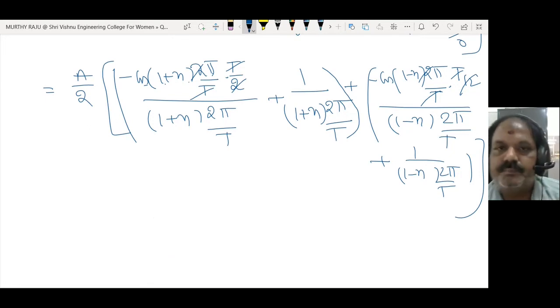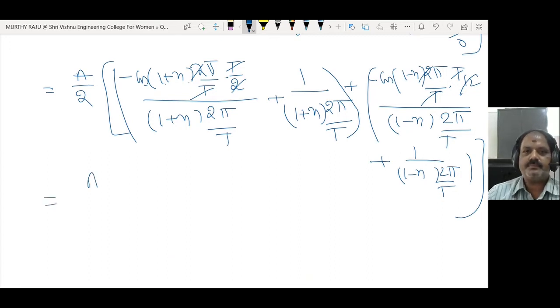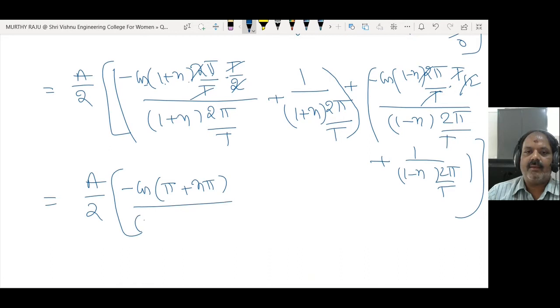Therefore a by 2 is equal to a by 2, here pi is there, minus cos pi plus n pi by 1 plus n 2 pi by t, plus 1 by 1 plus n 2 pi by t.